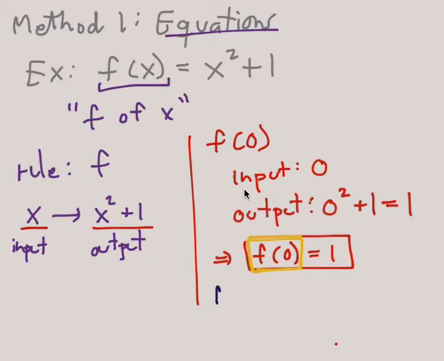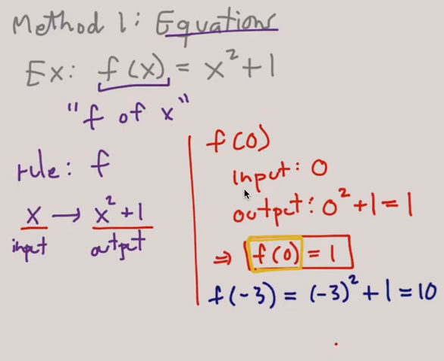If we did f of negative 3, that would mean take negative 3, use the rule, so the input's negative 3. We take that negative 3, square it, and then add 1. I put the parentheses around negative 3 to make sure that we do negative 3 times negative 3, which is 9. And then 9 plus 1 is equal to 10. So f of negative 3 is equal to a positive 10.